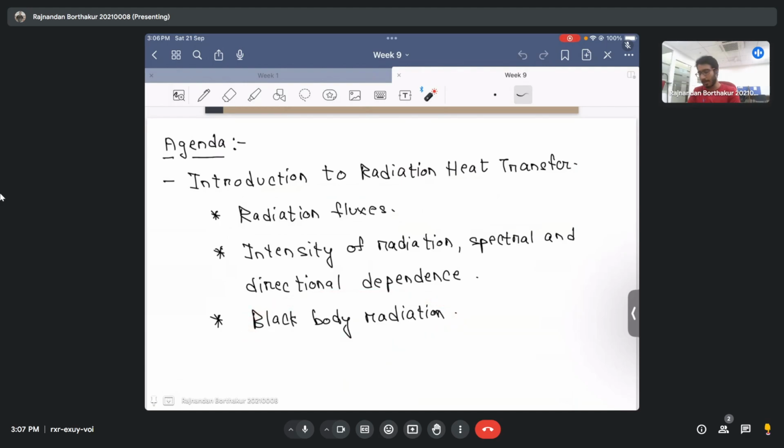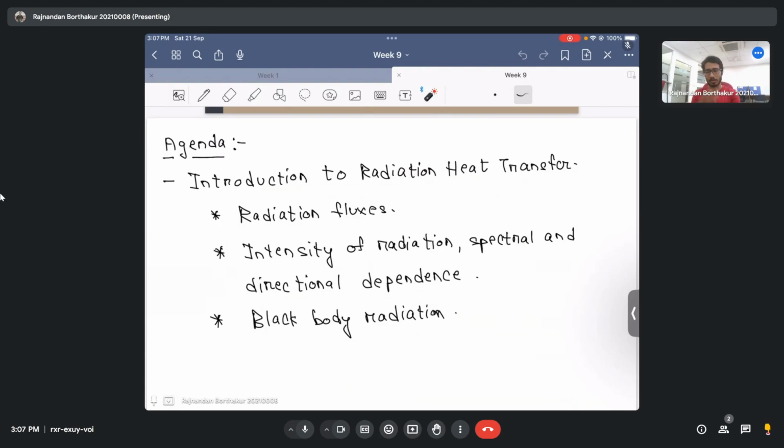Once we are done with these three, which are, I would say, the most preliminary concepts of any course which involves radiation heat transfer, we will look into radiation from real surfaces. And these are the things that we will see in the subsequent weeks.